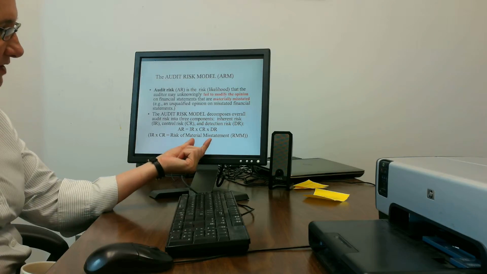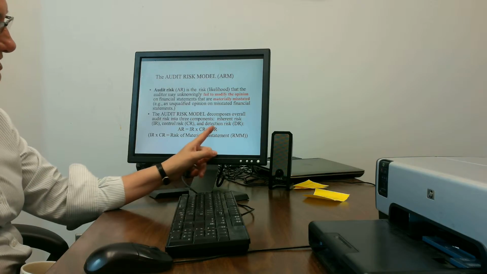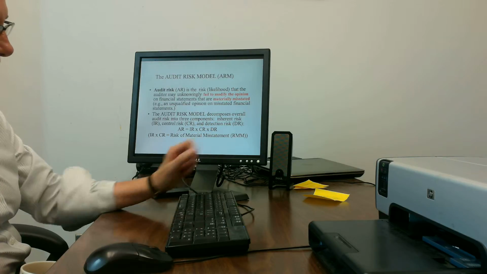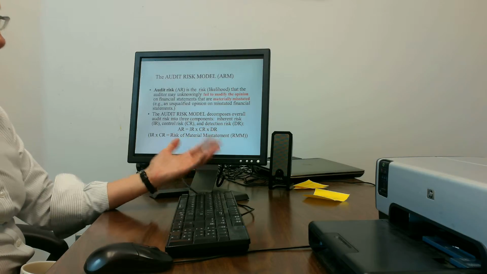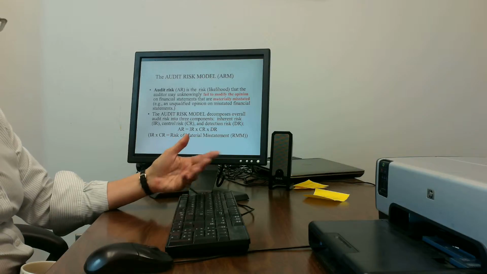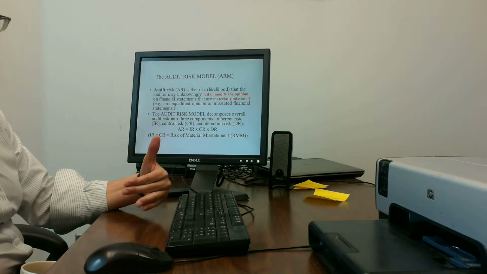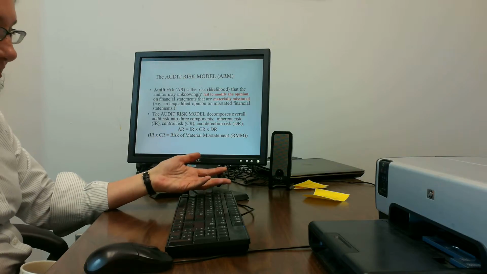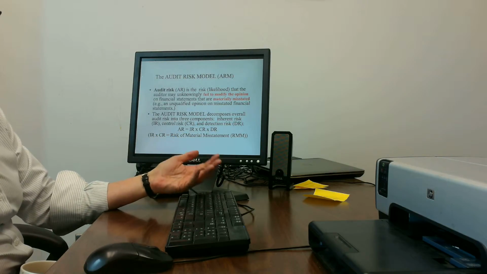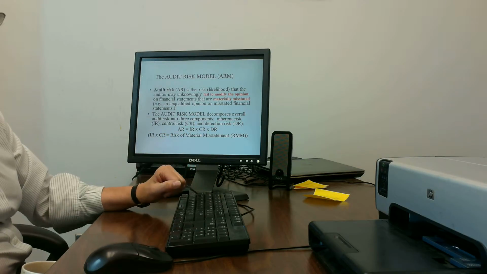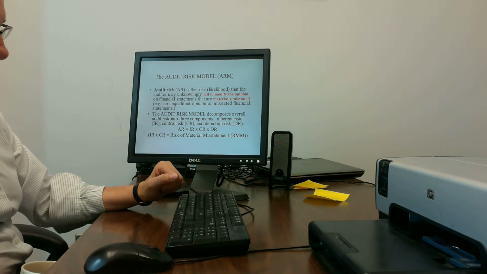In order to figure out if they're misstated, I need to do some detective stuff, right? I need to do some substantive tests of balances. But I may not get that right. There's some risks to that. If I'm doing some random sampling, I might just randomly pick all the good files when really there's some bad ones that didn't get picked. Or I may do a bad job. I may send the intern to go do that work and the intern doesn't do a very good job.